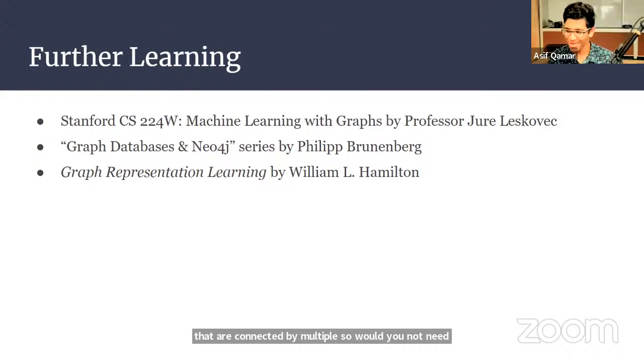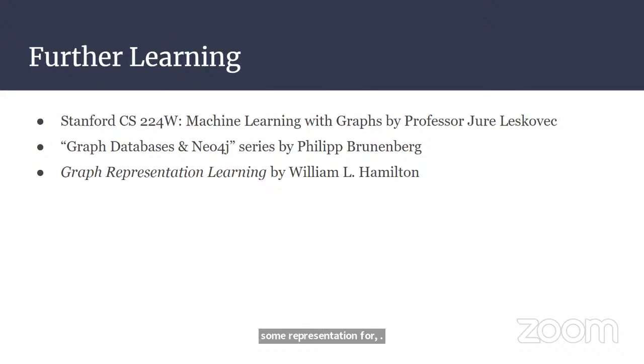Sorry, could you repeat that? Would you not need some sort of representation for edges as well, and not just the nodes? I didn't quite catch how you could go to graph embedding from node embeddings without talking about edge embeddings. Oh, okay, yeah.